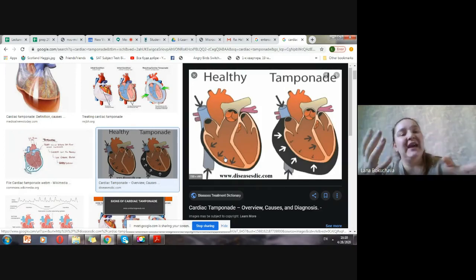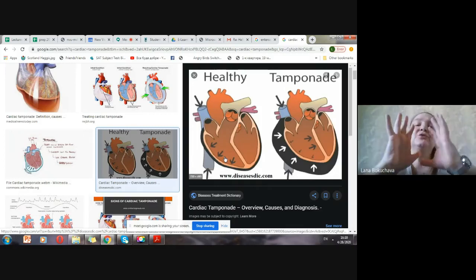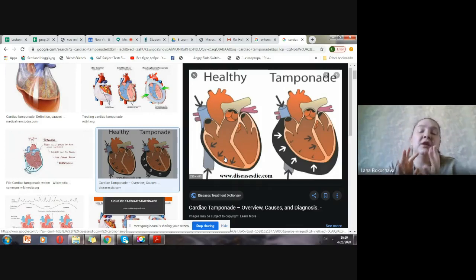Okay, in all of the cases the problem is this fluid is literally pressing on the ventricular structures, and the ventricles cannot normally contract and relax, and as a result the main activity of the heart, which is clear, I do believe, yes, is pumping.